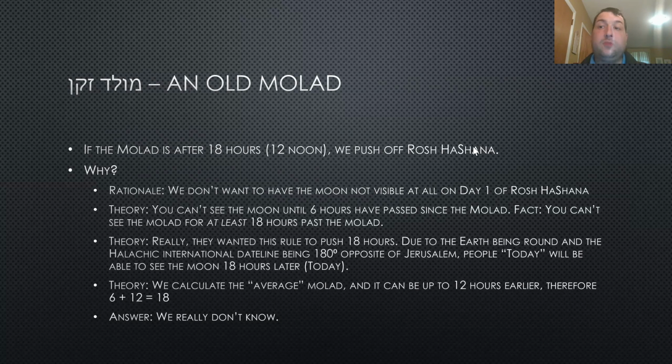Therefore, 12 plus 6 is 18, so they didn't push it off. The other theory is that the molad is, of course, an average, and it can be up to 12 hours earlier, and therefore 6 plus 12 is 18. Okay, the answer is we really don't know why this is the rule, but it is the rule in fact.